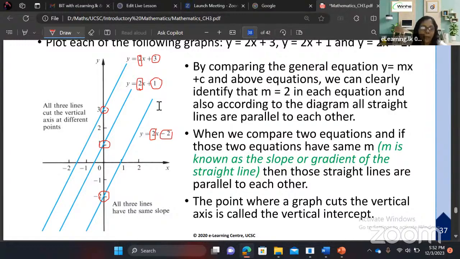This is only a characteristic of straight lines, right? So if 2 lines are parallel, then the slope or the gradient are equivalent. We represent gradient by m if the equation is in the form of y equal to mx plus c, right?